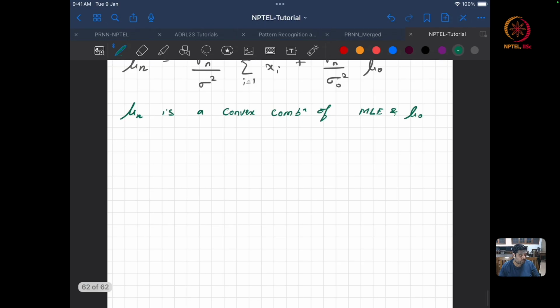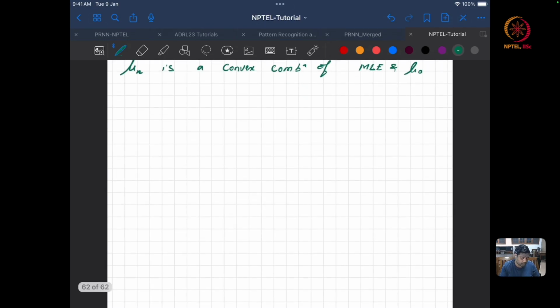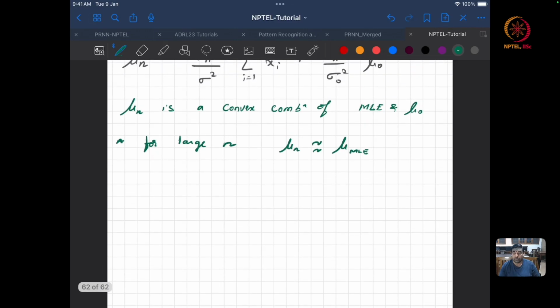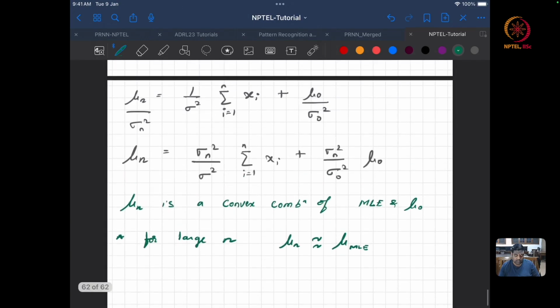Okay. So now for large n, mu n will be similar to mu MLE. Okay, so this is the known result, and we looked at it here also, which makes sense.